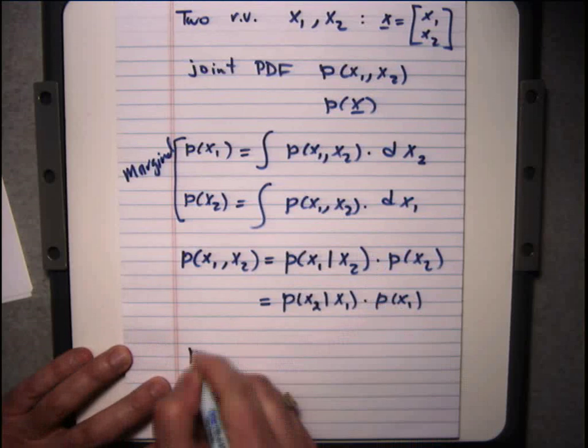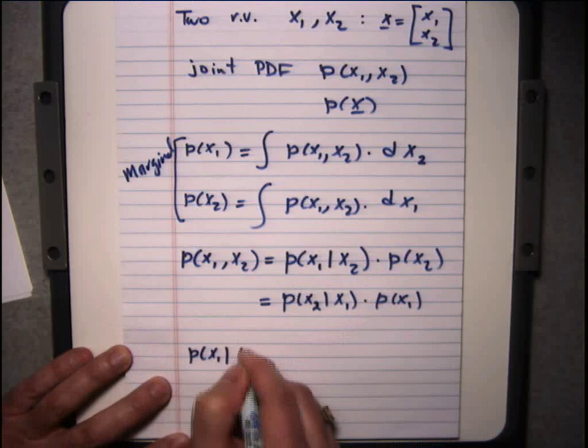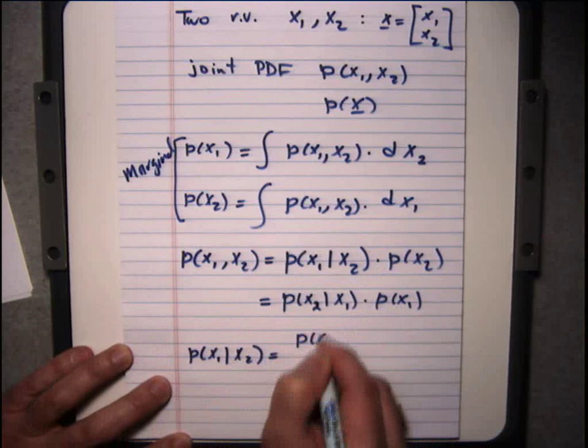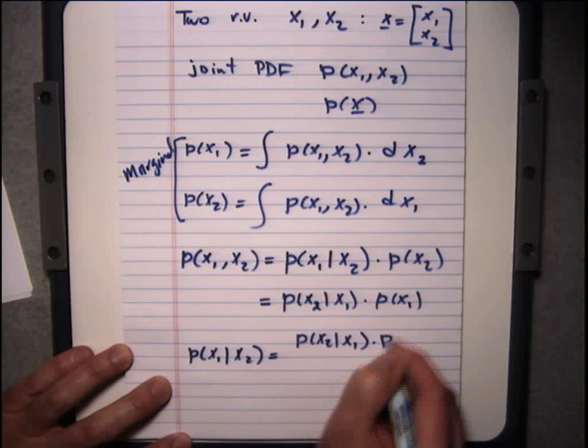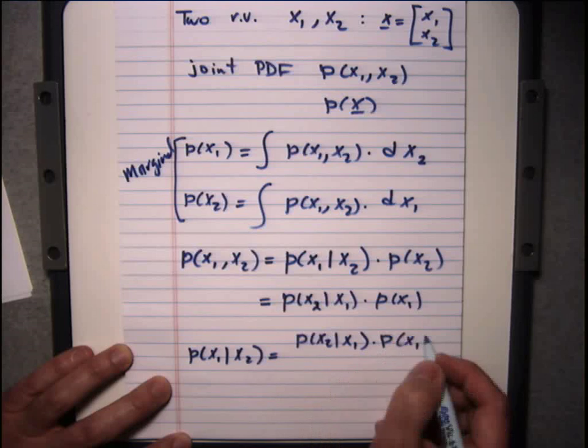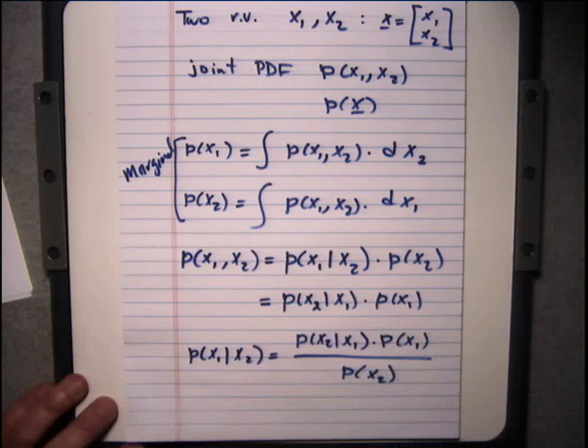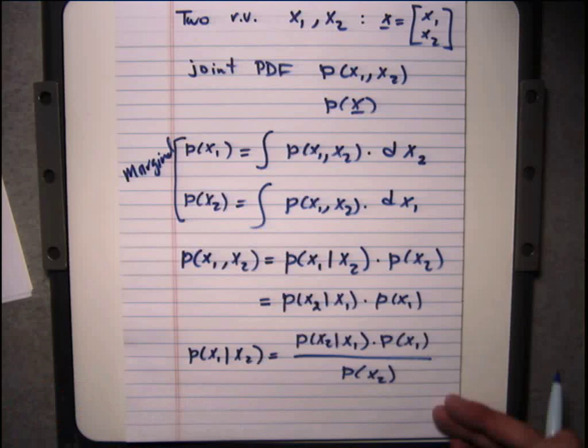You get the PDF of x1 given x2 is equal to the PDF of x2 given x1 times the PDF of x1 divided by the PDF of x2. So if you're given a conditioning for one variable and you want the other one, this is the way to do it. And this is, of course, closely related to what's called Bayes' theorem.